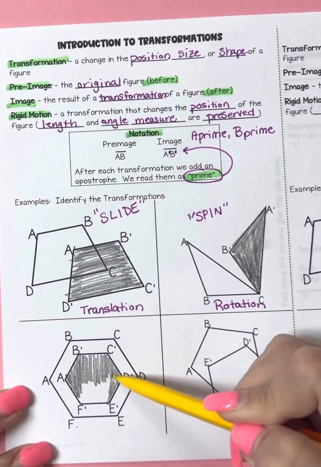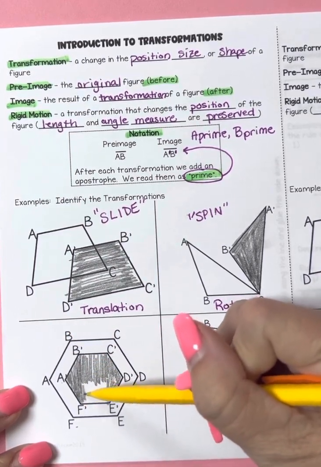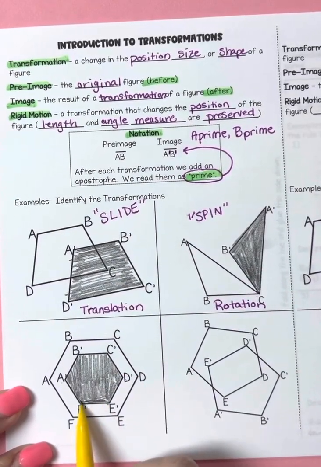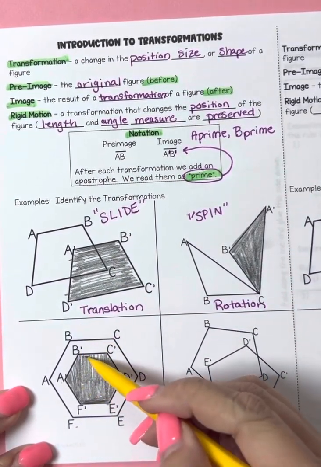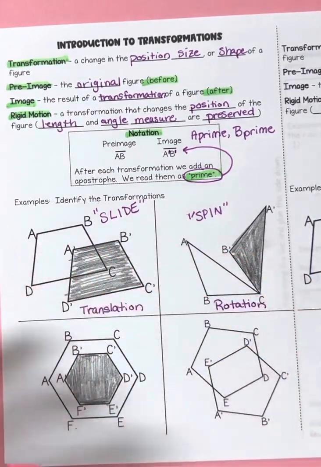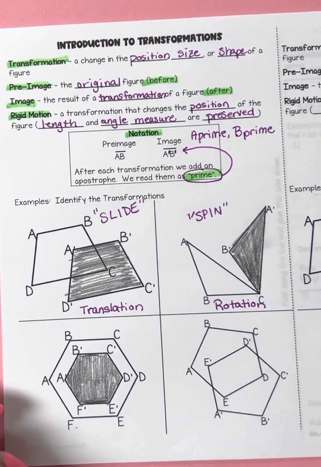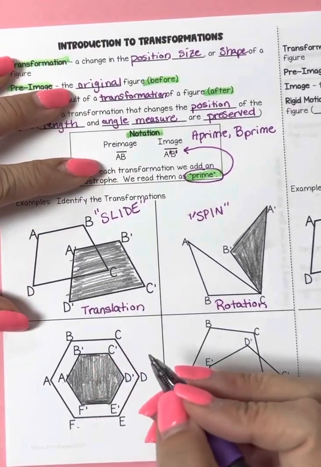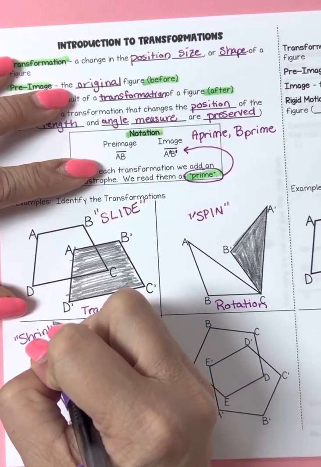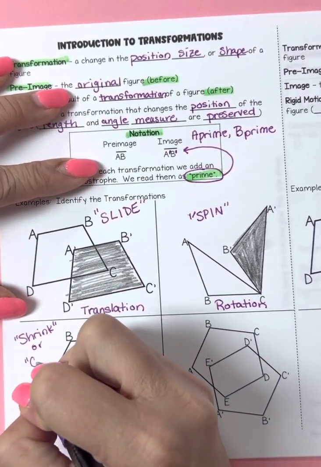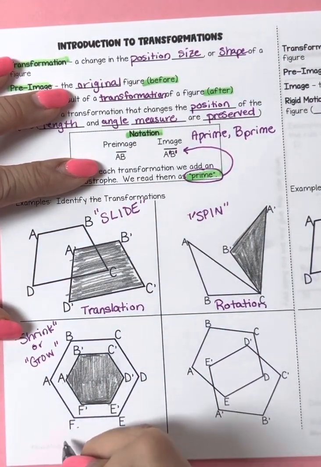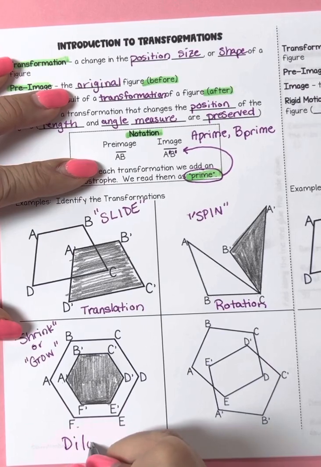Really what happened to that one, it did not slide and it did not spin. What it did was it got smaller. It's the same shape, it just shrunk. So this one can shrink or grow or enlarge. This is called a dilation.